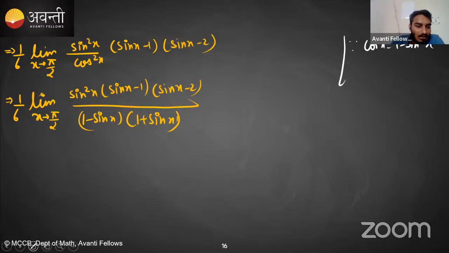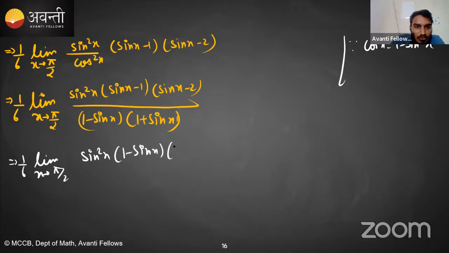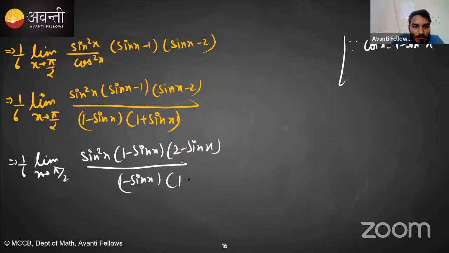So it can be written as 1 by 6 limit x tending to pi by 2 sin square x. This can be written as 1 minus sin x into 2 minus sin x, right? Take the minus common from this bracket and multiply that minus in the different bracket, divided by 1 minus sin x into 1 plus sin x, right?